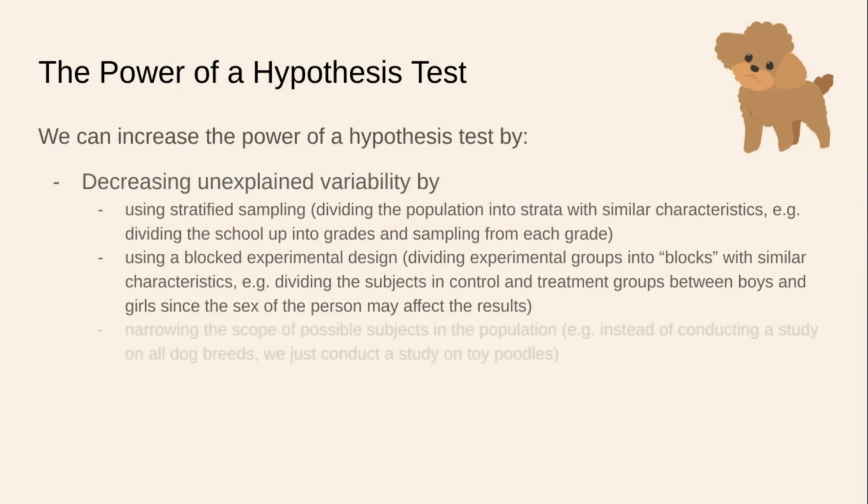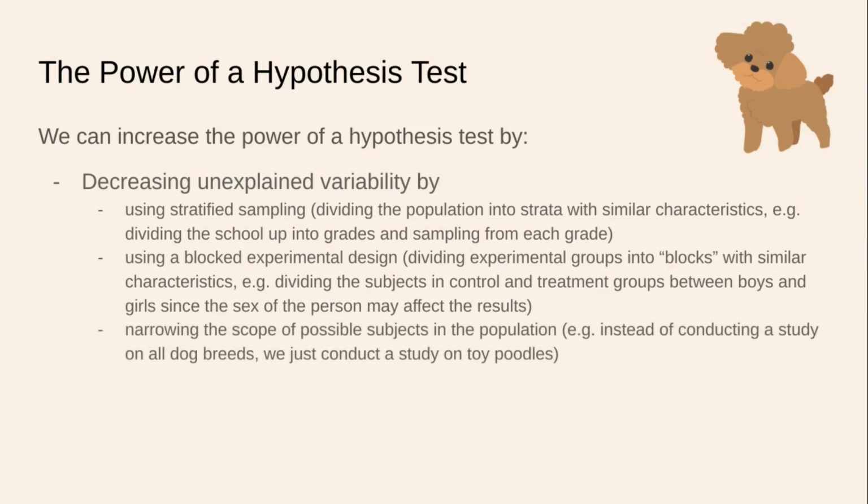We like that. Also, and this is one that comes with consequences, which we will see later on in this lesson, narrow the scope of possible subjects in the population. In other words, instead of conducting a study on all Canis familiaris, all breeds of dogs, and dogs come in all shapes and sizes, maybe we just conduct a study on toy poodles. Now, what is the potential pitfall of that? Well, then our results can only apply to toy poodles.